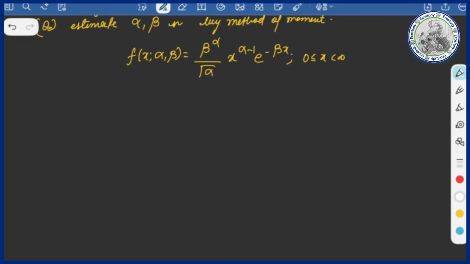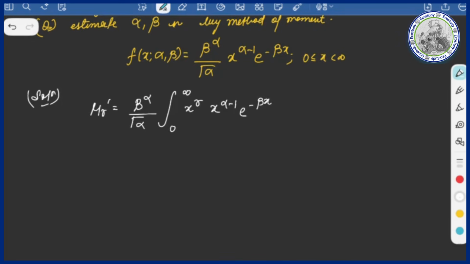How will you solve it? First of all, you don't have to calculate the likelihood function or anything else, you have to calculate the moments. So you start with calculating the moments: beta to the power alpha upon gamma alpha, integral from 0 to infinity of x to the power r into x to the power alpha minus 1 e to the power minus beta x dx.